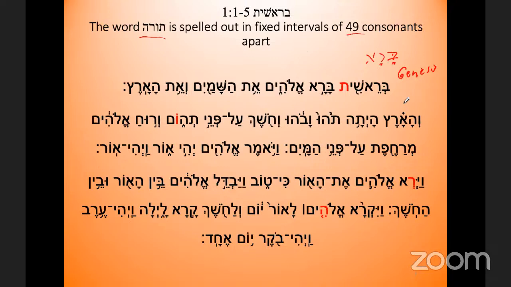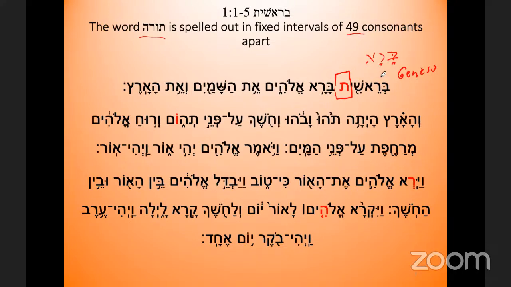So the first word is Bereshit, which is also the name of the first book. And we have the Tav on the end, which would be our first consonant. So remember, the scribe wrote this text, and then within the text and the arrangement of words, they were able to also encode words. So it's really a work that can only be done by the Spirit of God.